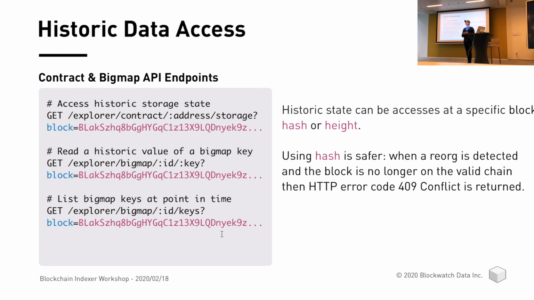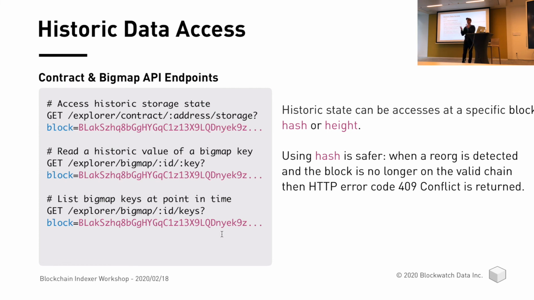This is a very important concept, because when you have a reorganization, you can't really be sure, as long as you are looking at the most recent blocks, that this state is really final. In this case, you get a 409 conflict HTTP error out of the API if there was a reorganization.